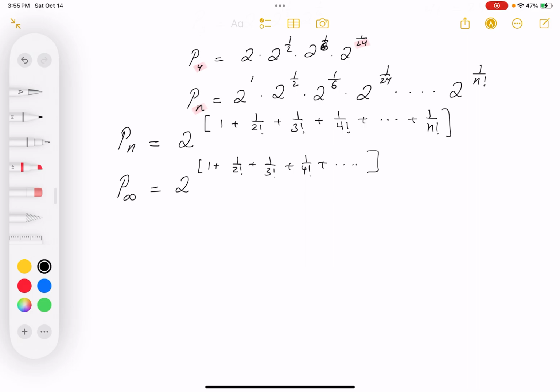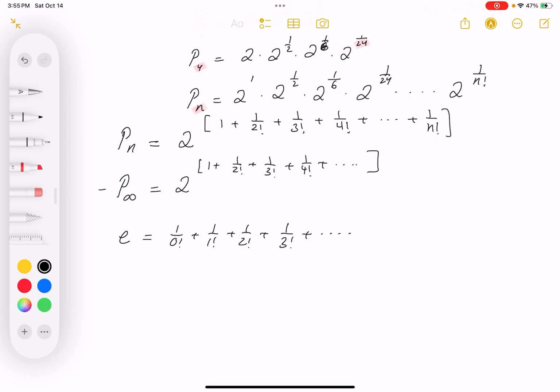But I want to write down, I know what E looks like, E to the first power. What does it look like? 1 plus 1 plus 1 over 2 factorial. By the way, maybe I should write it down in a slightly different way, the one that most people remember it by. So I'm going to say, 1 over 0 factorial plus 1 over 1 factorial plus 1 over 2 factorial plus 1 over 3 factorial plus yada, yada, yada. I think you get the idea, all right?